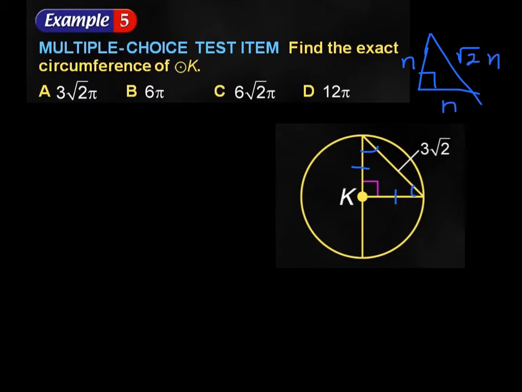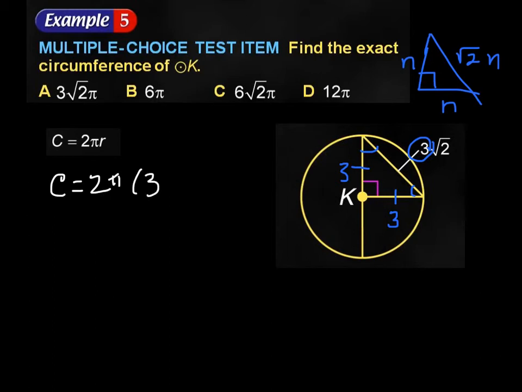So my square root of 2 side is being multiplied by 3, so that means that these two sides must also be 3. Now that I know r, circumference equals 2 pi r, so C equals 2 pi times 3, which is exactly 6 pi, which is choice B.